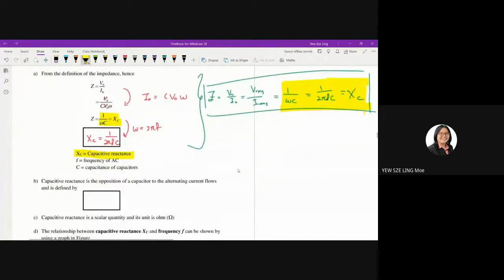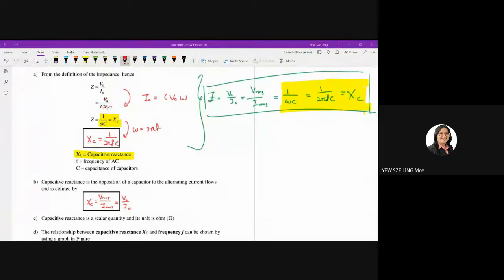Alright? So the capacitive reactance is the opposition of a capacitor to the alternating current flow and is defined by, so that's what I showed you just now. So XC equals VRMS over IRMS, equals V naught over I naught. Now this one you can use from the source as well, because now you have just one component in the circuit.